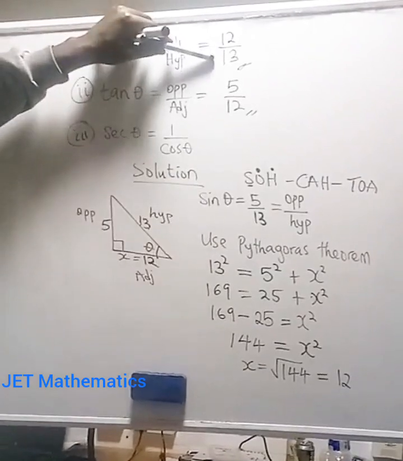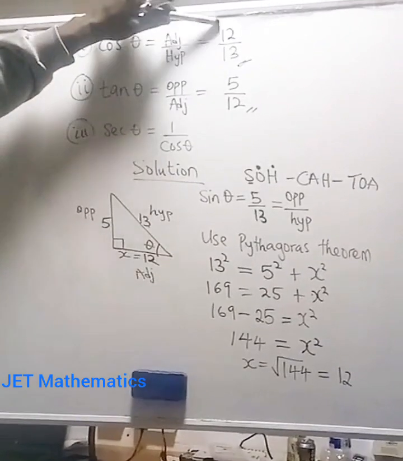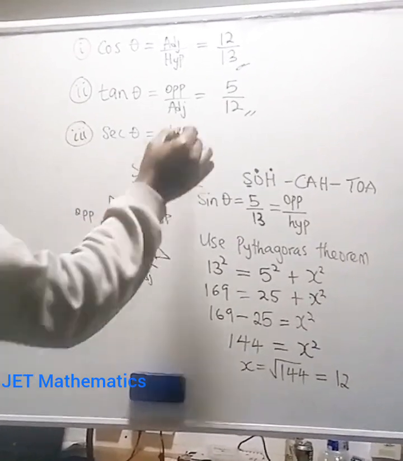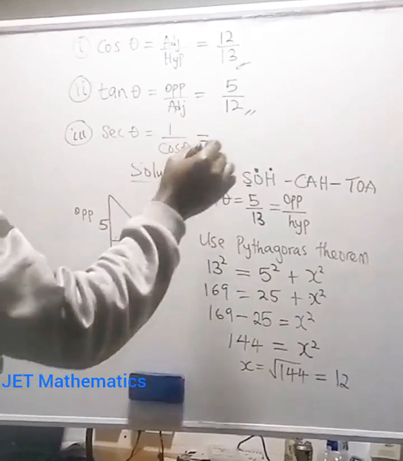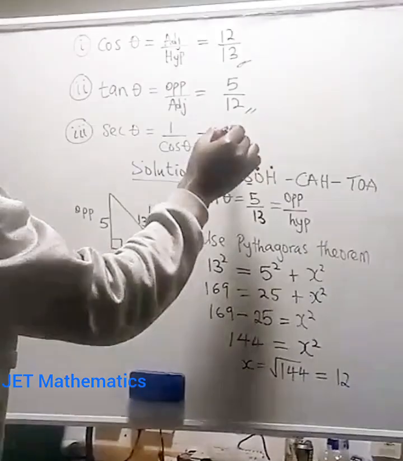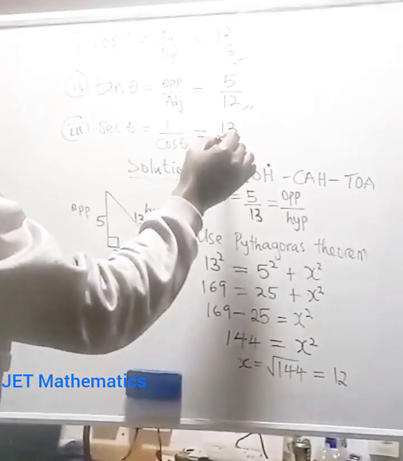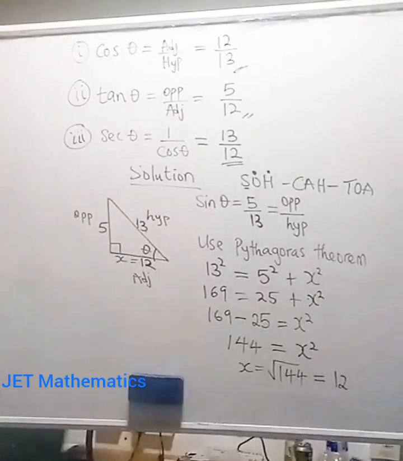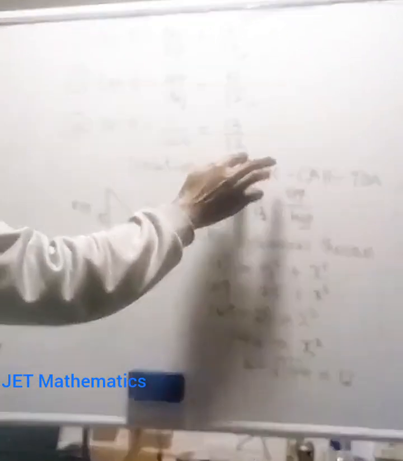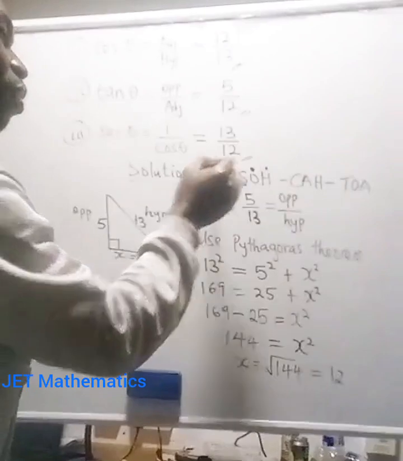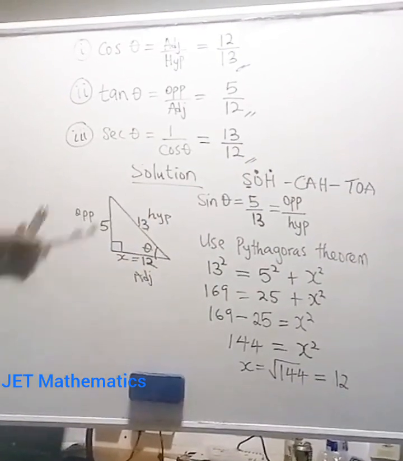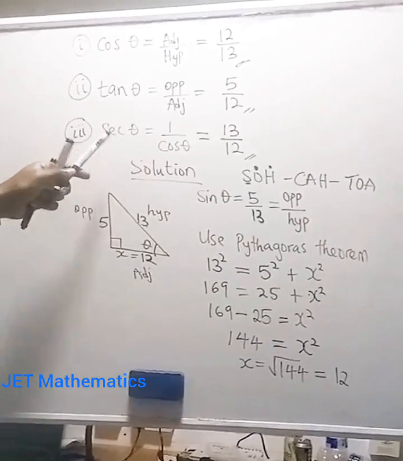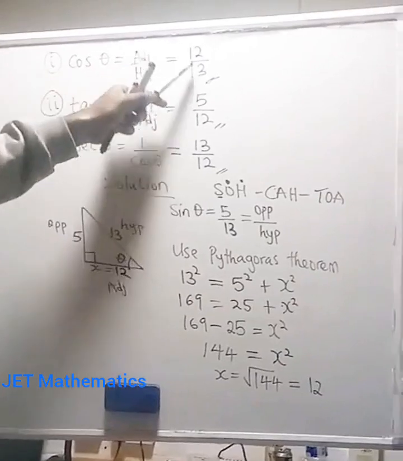The inverse of cos theta, 13 goes up, 12 comes down. That gives you 13 over 12. It's as simple as that. So this gives us the inverse of cos, and that is sec theta.